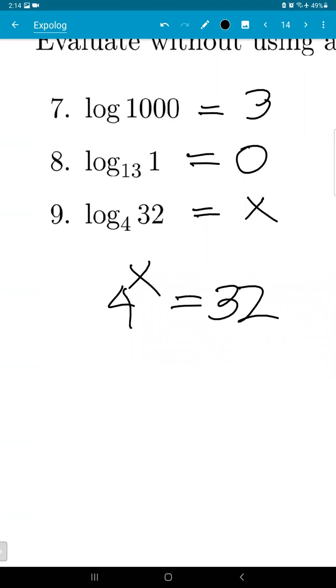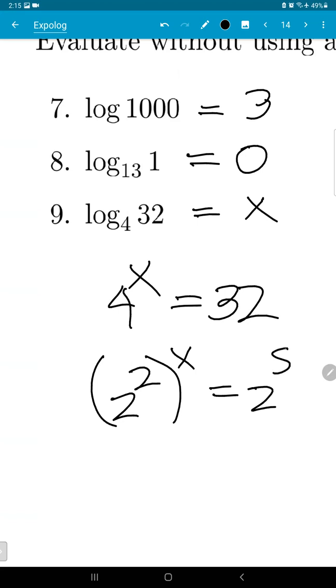I discussed yesterday how to solve basic exponential equations where you can simply convert to the same base. 2 is the common base of 4 and 32, so express each: 2 squared is 4, and 32 is 2 to the 5, and you apply laws of exponents as discussed yesterday.